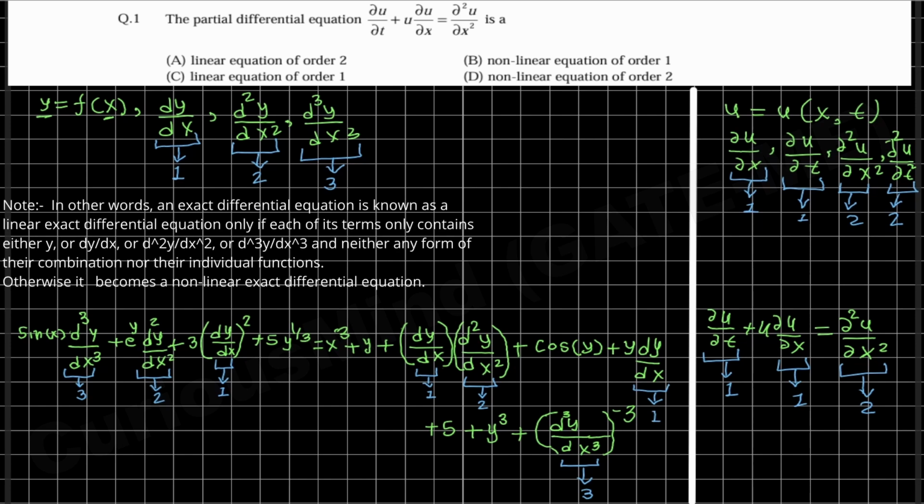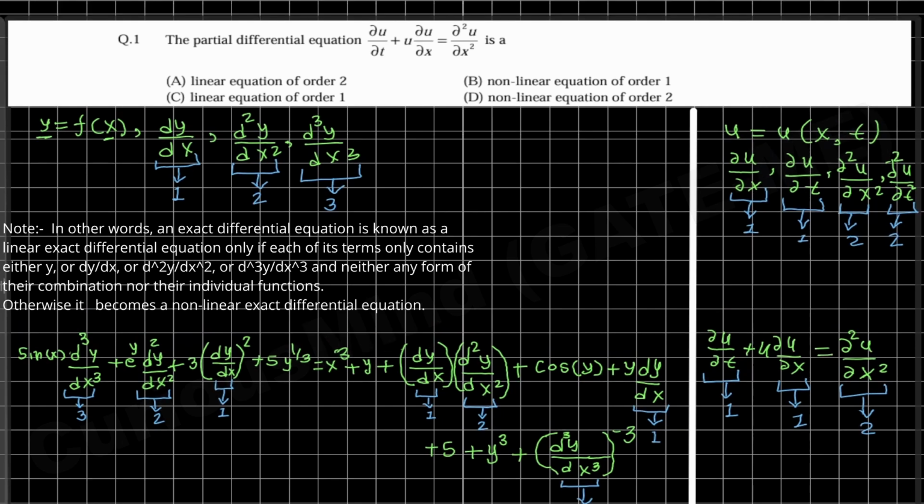In other words, an exact differential equation is known as a linear exact differential equation only if each of its terms only contains either y or dy by dx, that is first derivative of y with respect to x, or second derivative of y with respect to x, or third derivative of y with respect to x, and neither any form of their combination nor their individual functions.